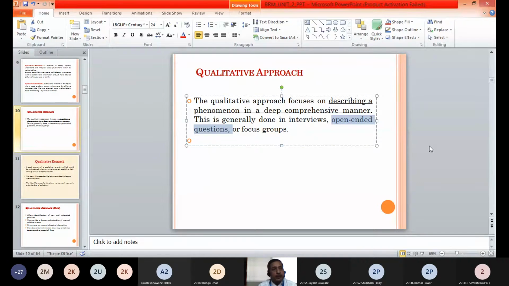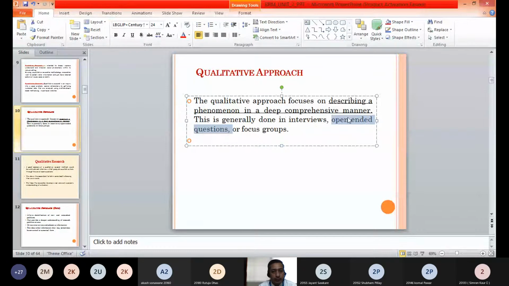So in his own way, he is able to give the answer or describe the phenomena. Another type is close-ended, wherein we provide options, maybe 3 or 4 options, multiple choice, and ask the respondent to choose any of the options. That type of close-ended question may be used in the quantitative approach.